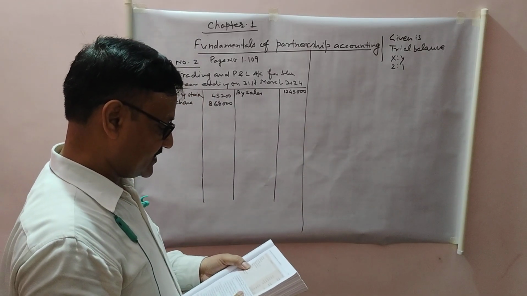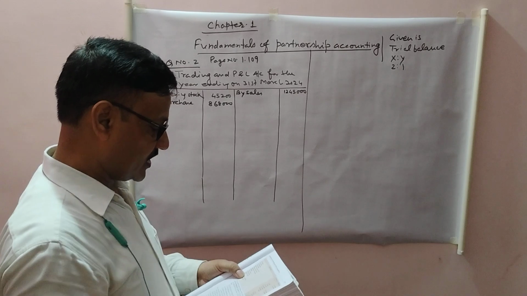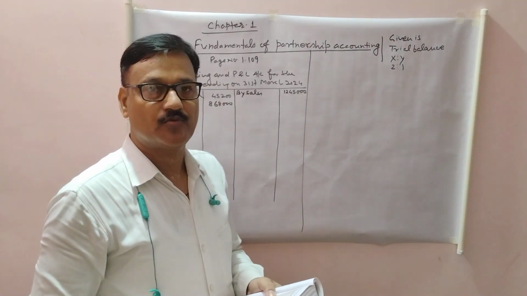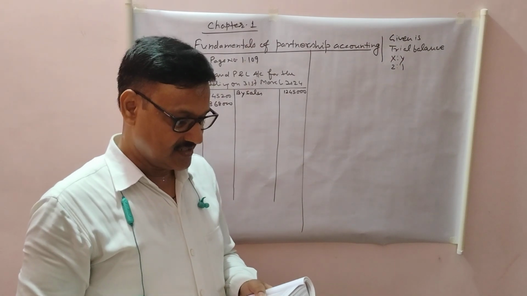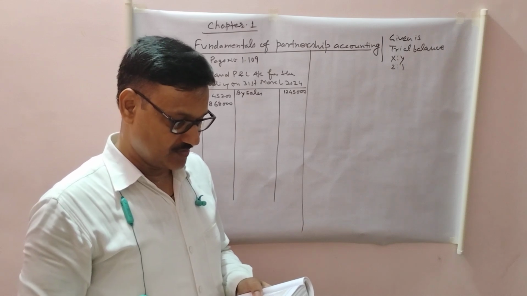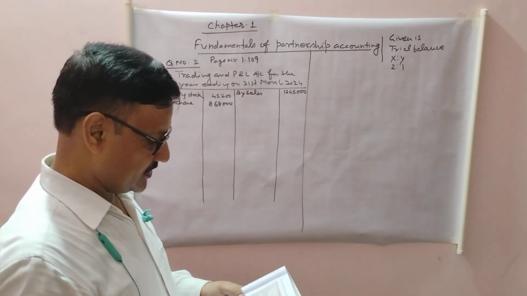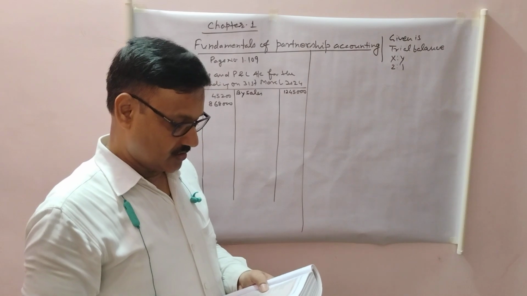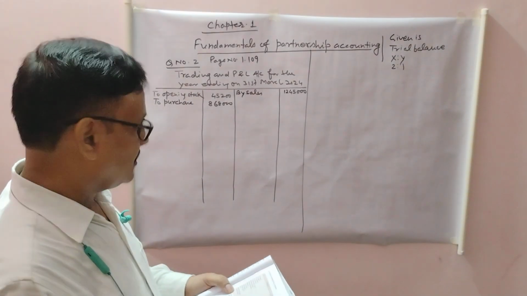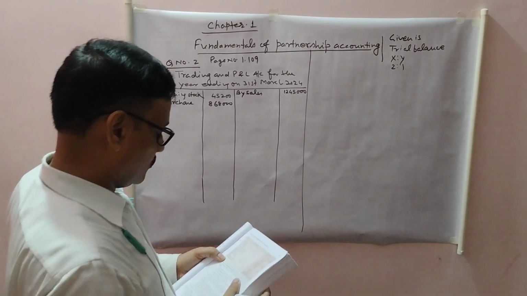Then debtors and creditors, building, cash in hand, bank overdraft, salaries to staff. Salary will go to profit and loss account because it is an indirect expense. Rent will also go to profit and loss account because it is an indirect expense. Advertising expenditure and traveling expenses both will go to profit and loss account. Therefore, no item is left here to be mentioned in trading account.